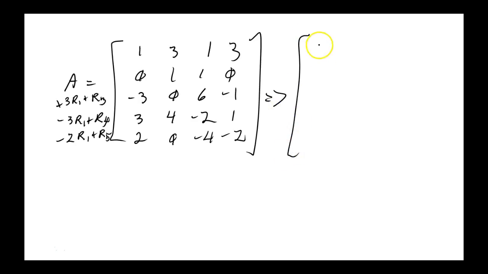We're using row 1: 1, 3, 1, 3. We're leaving alone row 2: 0, 1, 1, 0. And what's your new row 3? 0, 9, 9, 5.